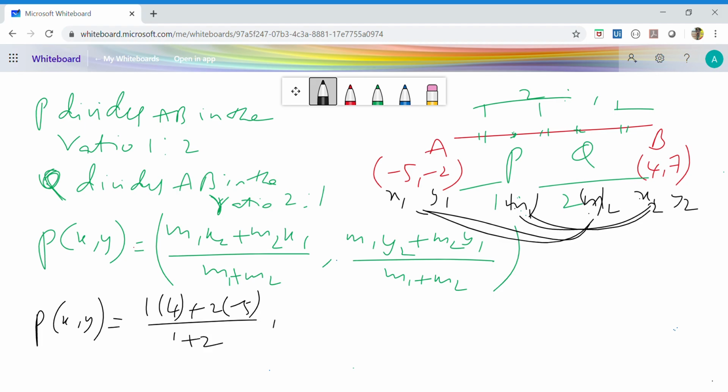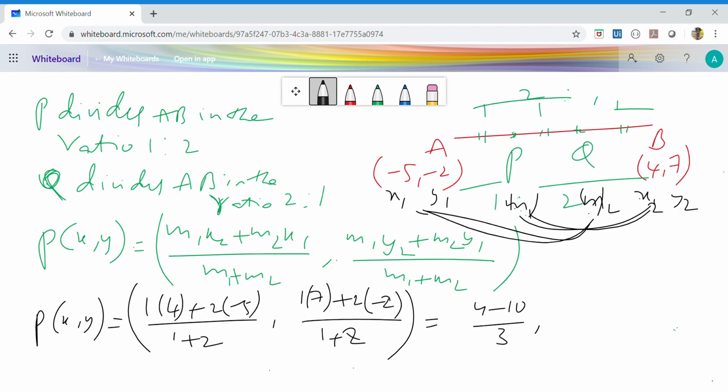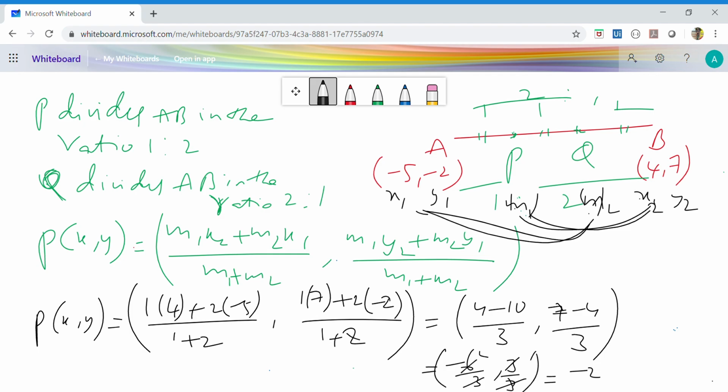Next 1 into 7 plus 2 into minus 2 by 1 plus 2. That is equal to 4 minus 10 by 3, comma 7 minus 4 by 3, which is nothing but minus 6 by 3, next 3 by 3. That is equal to minus 2 comma 1.